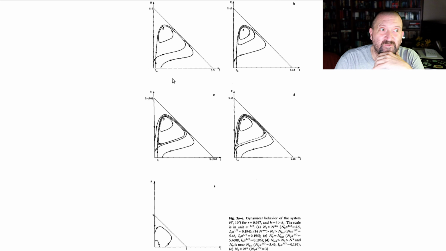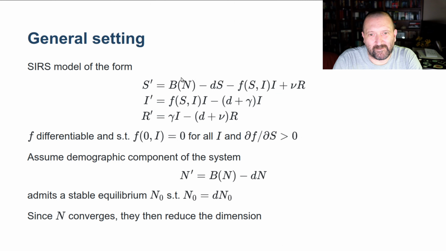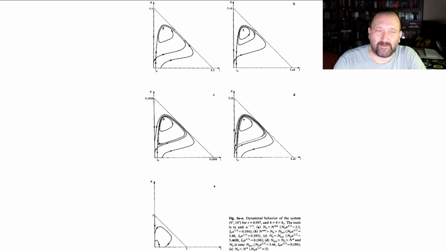These are much more esoteric behaviors than we have seen before, with very little modification to things. Here we have this generic birth rate and a general incidence function. Under these conditions, they obtain some more complicated dynamics than we have seen so far. You can see some periodic orbits there, some quite complicated behaviors.